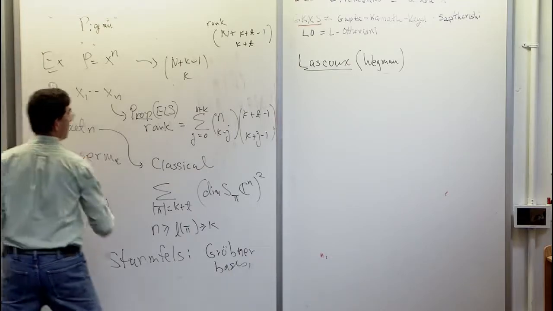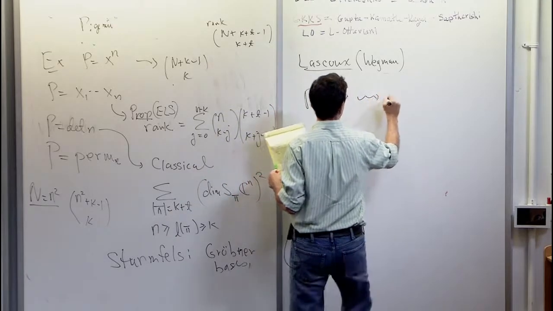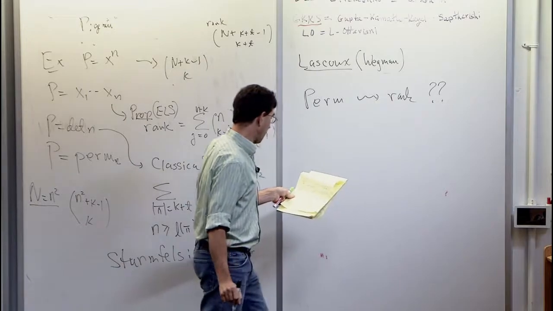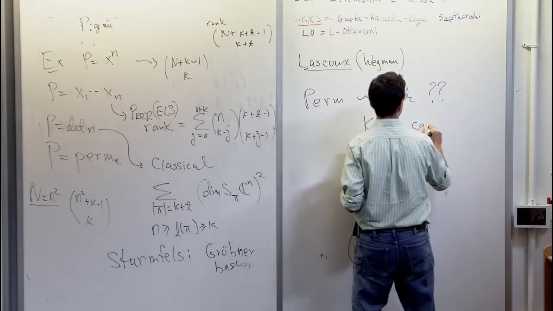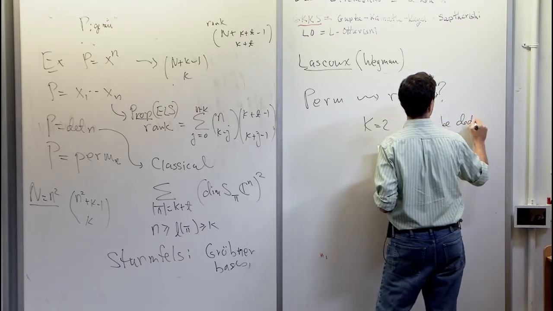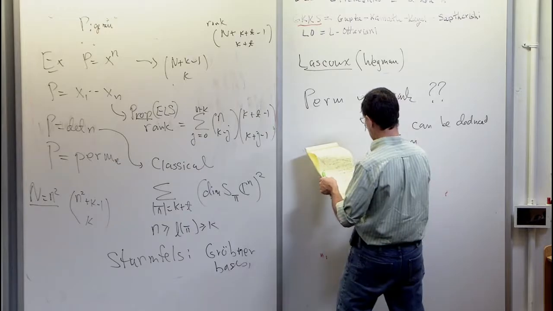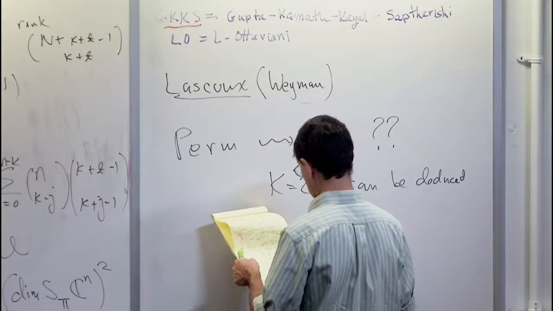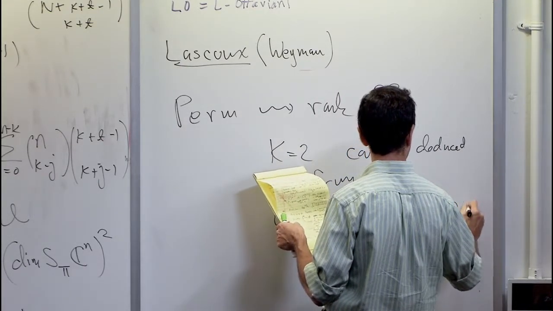And then for p equals the permanent, the rank, well, this is not known properly. If k equals 2, it can be deduced from work of Landsberg and Swanson around 2000.